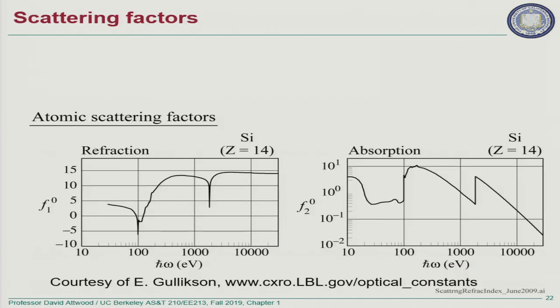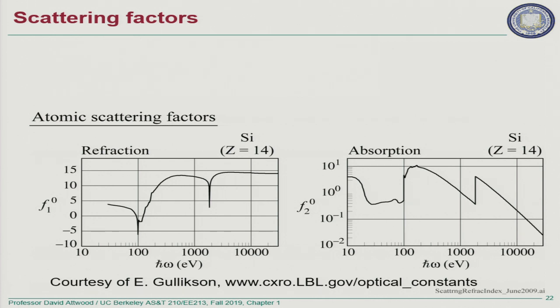So here's an example of the scattering factors, and it's for silicon. The left, f1, is related to the phase, and f2 is related to absorption. Looking at f2, you see this edge that we saw before at 100 eV.